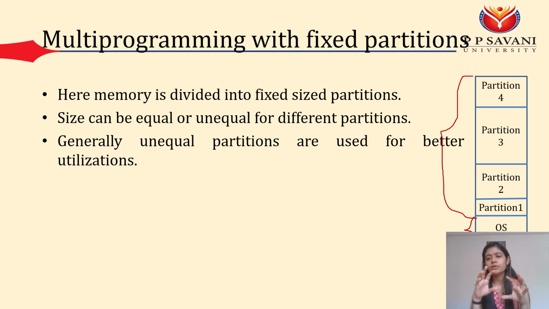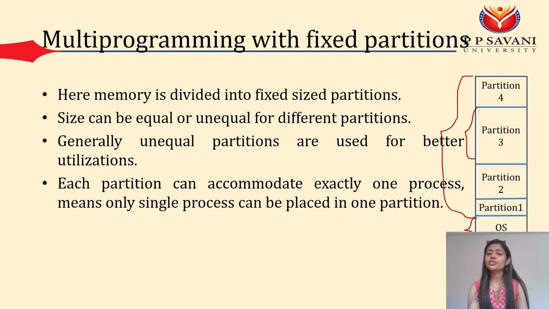If we divide into equal size partitions, then it might be possible that our main memory is not utilized properly. So unequal partitions are generally used for better utilization. So if a bigger process comes into the operating system, we have a partition for that also.